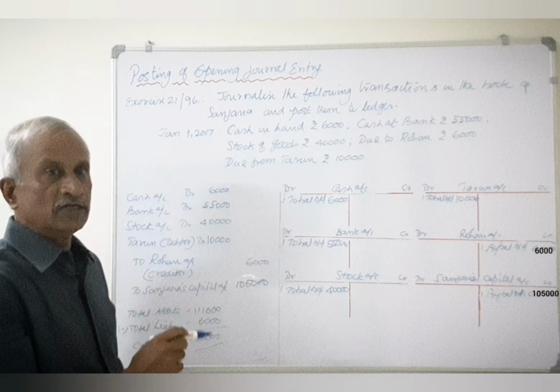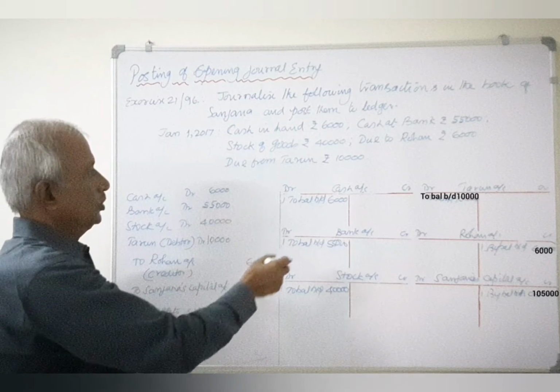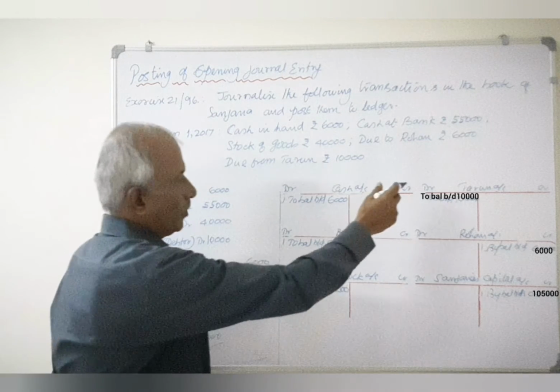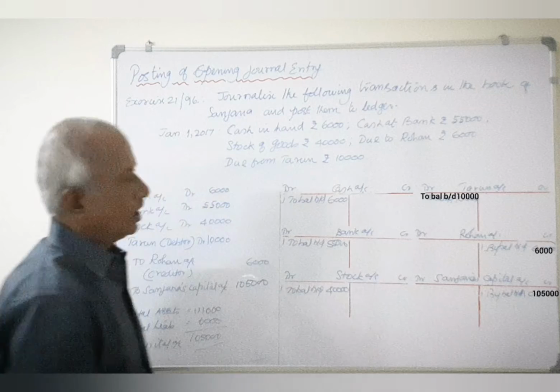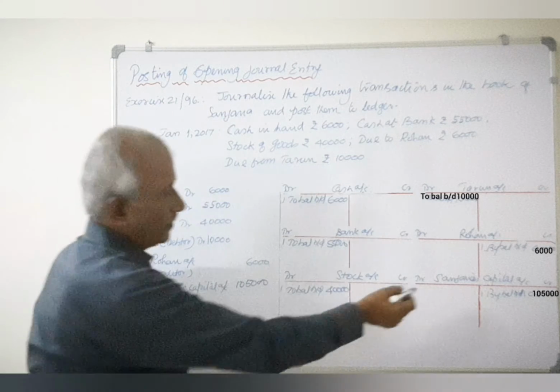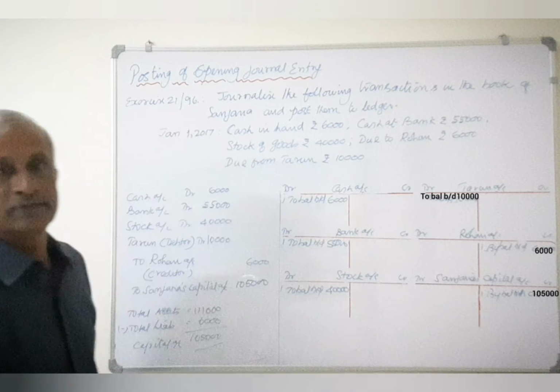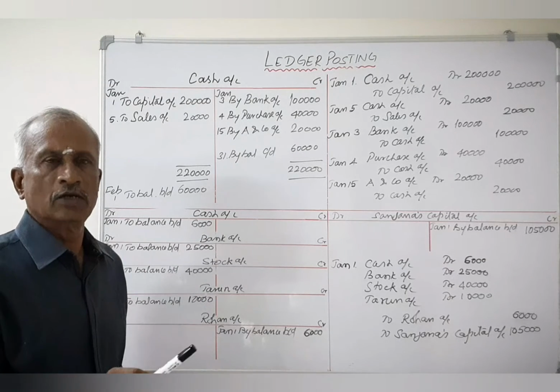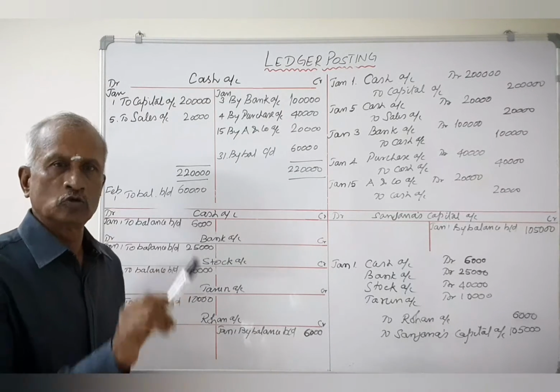So for the opening journal entry, for all assets, you have to write it as to balance brought down, and for all the accounts credited, write it as by balance brought down. So far we have been discussing about ledger posting.